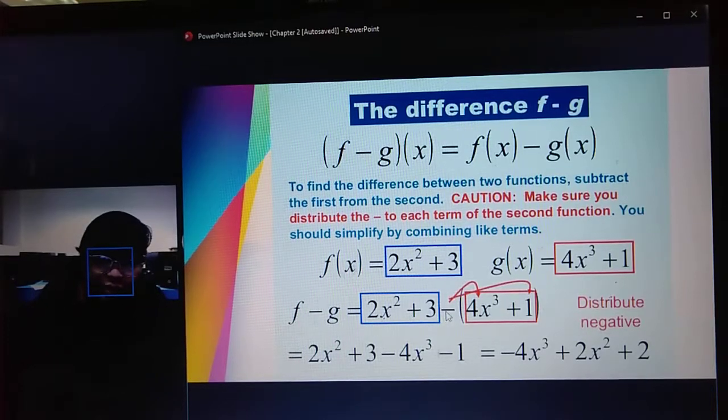Kumbaga, ang gawin mo lang dito is you will do the distributive property. Okay. By how? You will distribute negative sign sa 4x raised to 3 at sa 1. I repeat, bago mo gawin yung process ng subtraction, dapat i-distribute mo muna si negative sa 4x raised to 3 at 1.